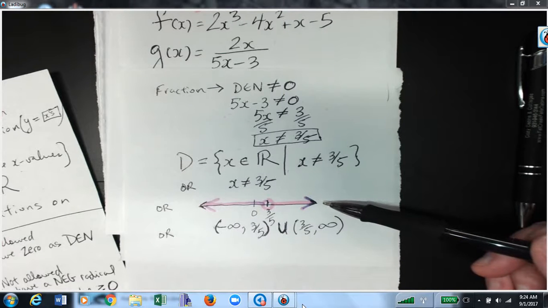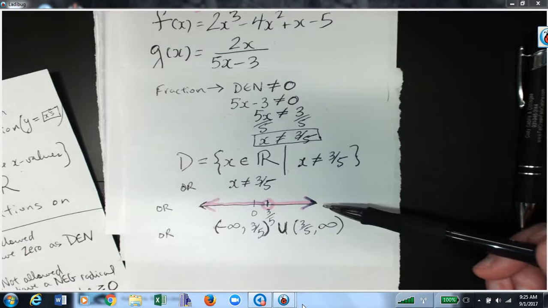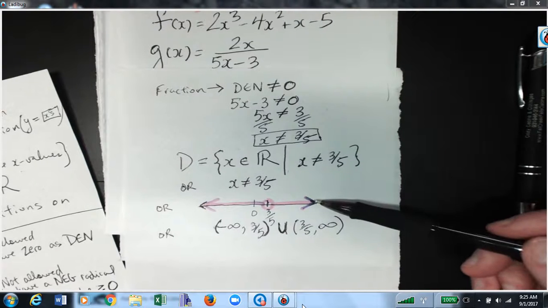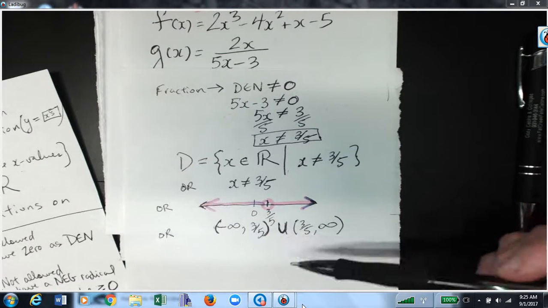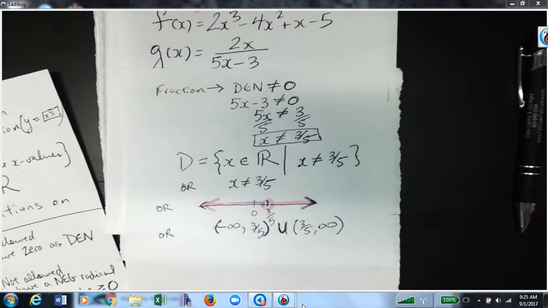Rarely will you be asked to give a number line form because it's just too difficult to draw if it's WebWorks or MyMathLab, and it's too difficult to print for an answer in the back of the book or for a multiple choice selection. Okay? But it does help you with writing out the interval notation. All right, do we have a question on that one? Okay.